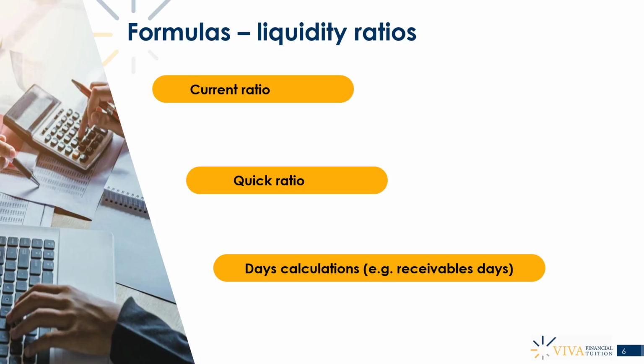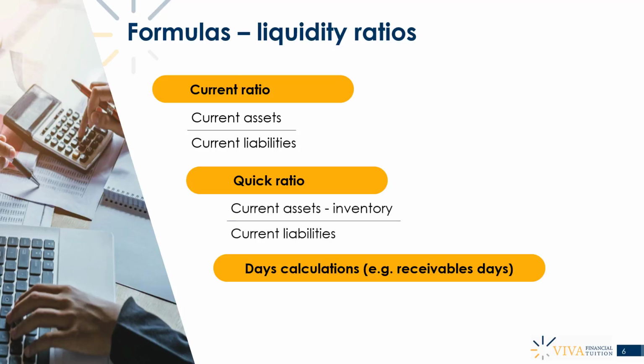Next, our liquidity ratios. Did you remember these ones? The current ratio is current assets over current liabilities, and that measures the ability of the company to pay its current debts, its short-term debts, as they fall due. Now, that's a reasonable approximation of how able we are to pay our debts as they fall due, but the quick ratio is even better, because it strips out inventory. Inventory is not a very liquid asset.